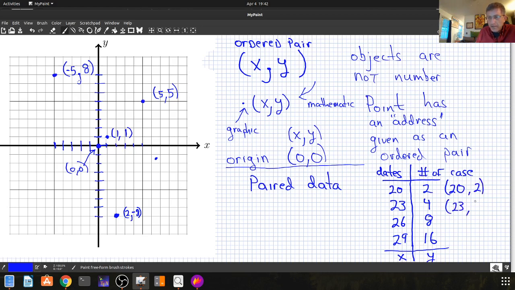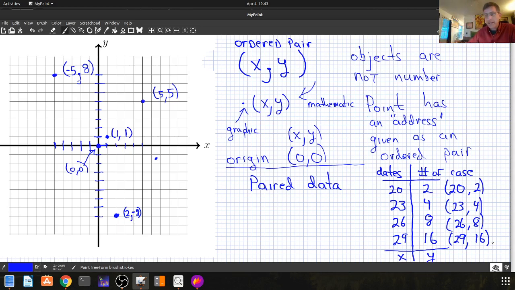And I could plot the data and observe as the dates increase by every 3 days, the number of cases double. This is a type of growth that's really, really fast, and it's called exponential growth. But you won't get exponential growth until you get into college algebra, if you take college algebra.